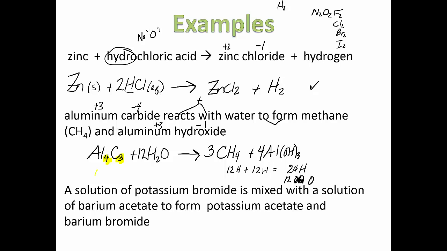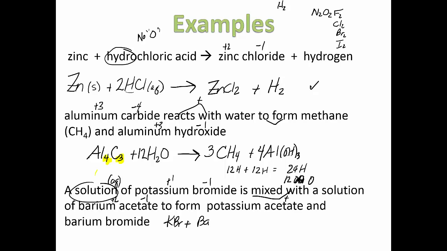Let's do one more. So a solution of potassium bromide. Potassium plus 1, bromide minus 1. So KBr. This word solution is your key. It's aqueous. So if I was doing states, I would say aqueous. Is mixed with, turns into a plus sign. Plus a solution, barium, group 2, plus 2. Acetate, C2H3O2 minus 1.